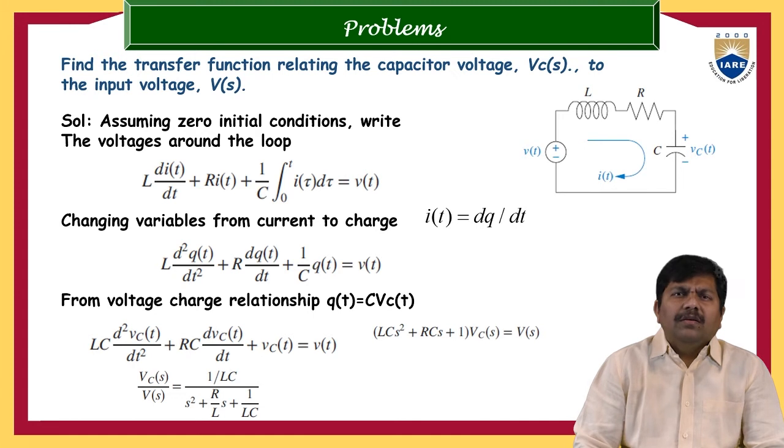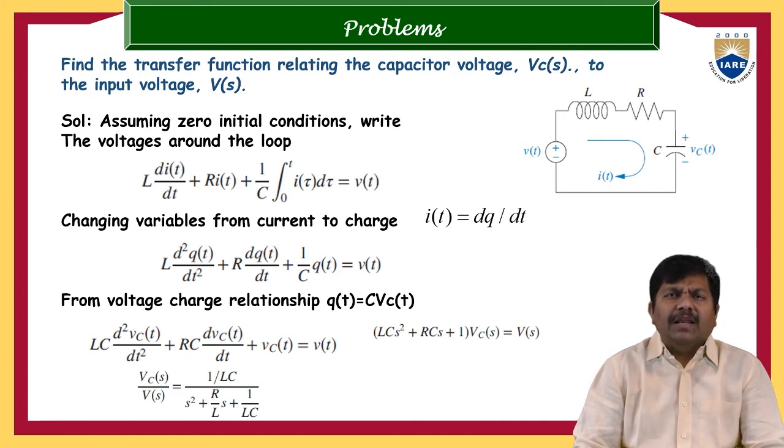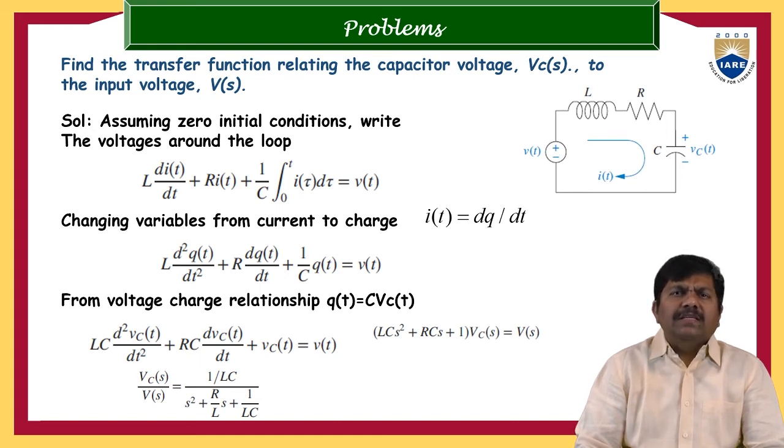Now, it is a simple loop, so straight away you can apply the Kirchhoff voltage law. The drop across the inductor is L di by dt, plus the drop across the resistance is I into R, plus the drop across the capacitor is 1 by C integration of I of t dt, which is equal to V of t.